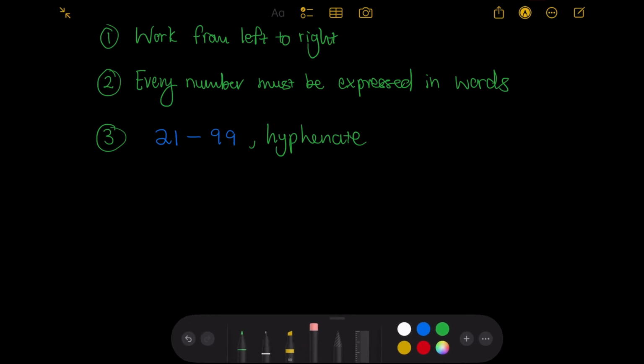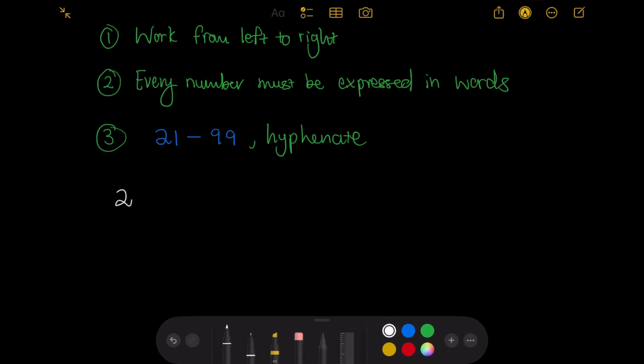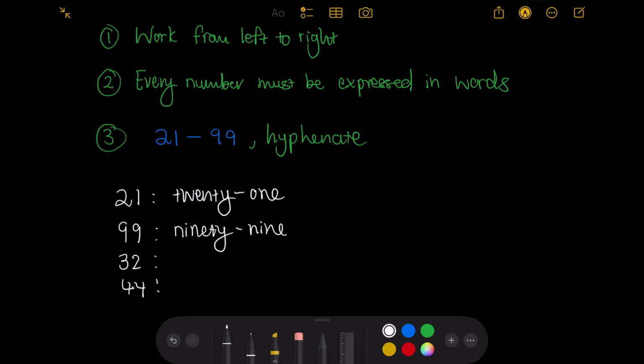If I have the number 21, 99, 32, 44, then whenever I have to write out these numbers, I'd write them as follows: 21, 99, 32, 44. We can even add a much higher number.